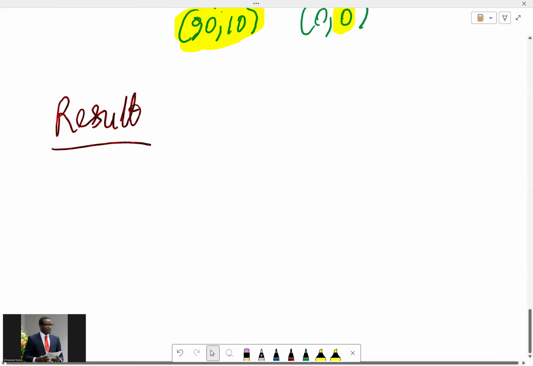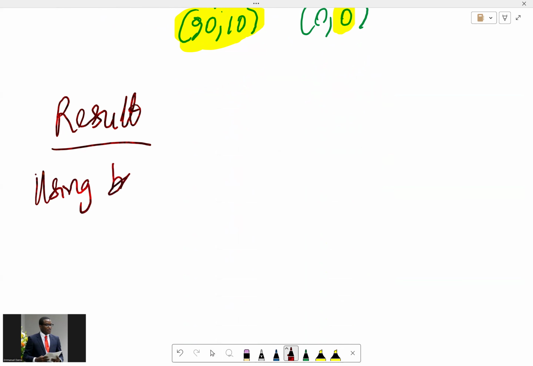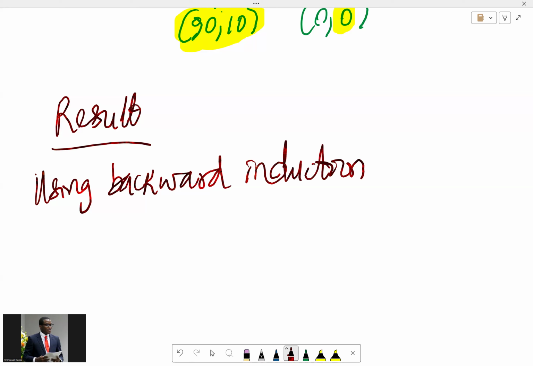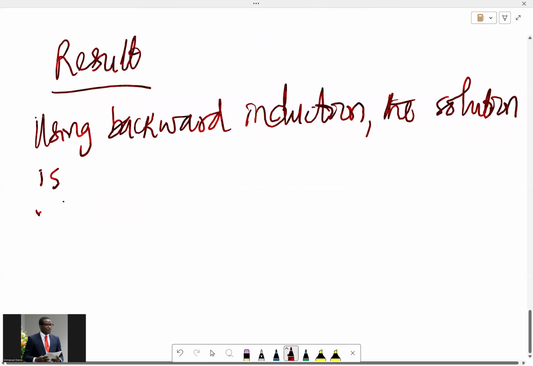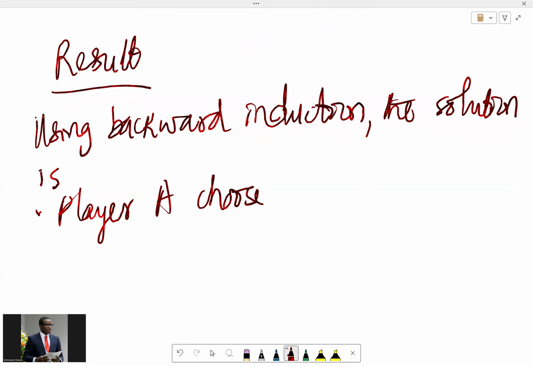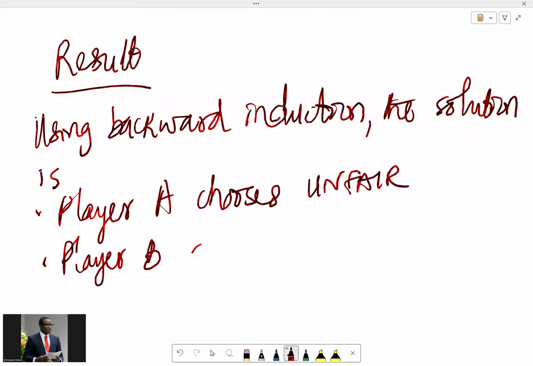The result, using backward induction, the solution is: number one, player A chooses unfair, and then player B chooses accept.